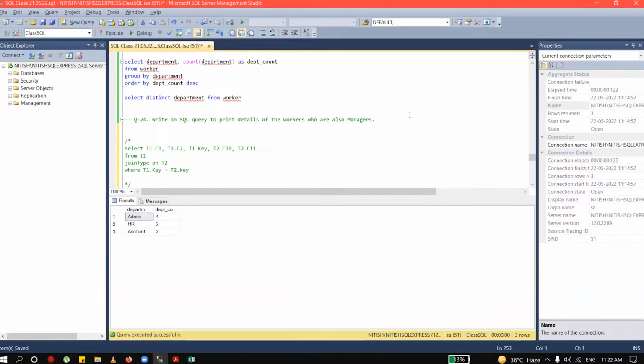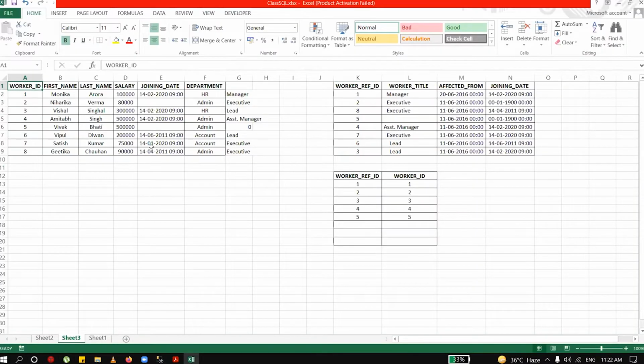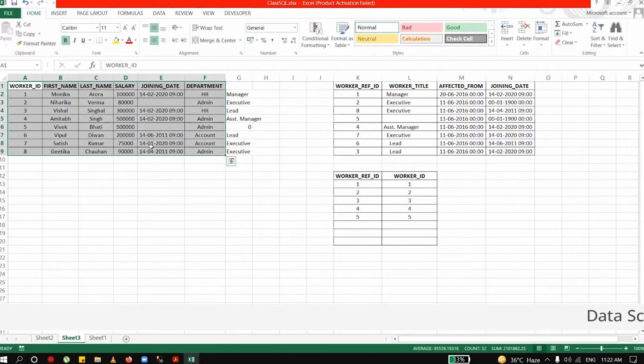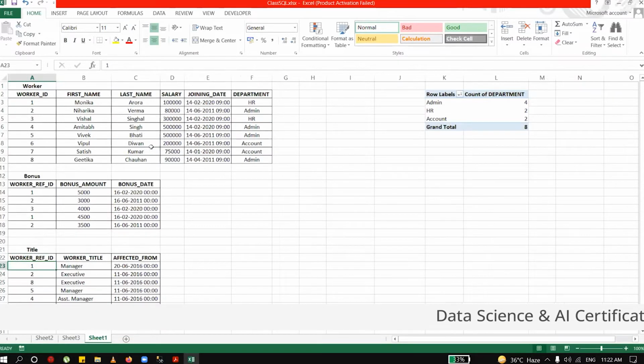So wherever you're writing T1 dot, this means that with respect to the T1 table, that is in my case the worker table on the left side, which column you're looking for. So you have to use a dot operator to specify that, let's say salary belongs to the worker table, not the right side table, that is not the title table. So that is what a dot signifies here.